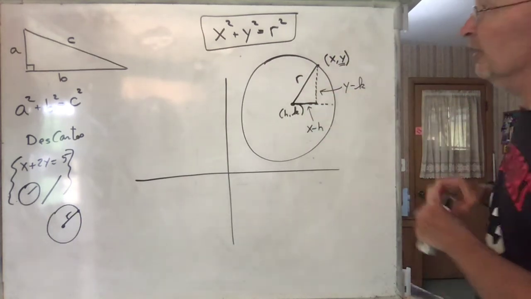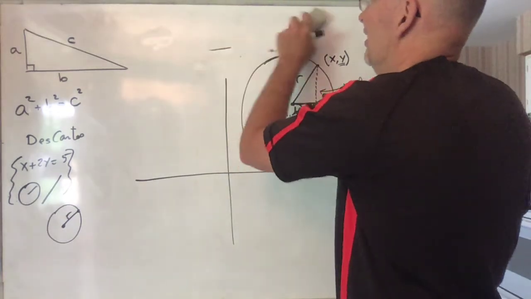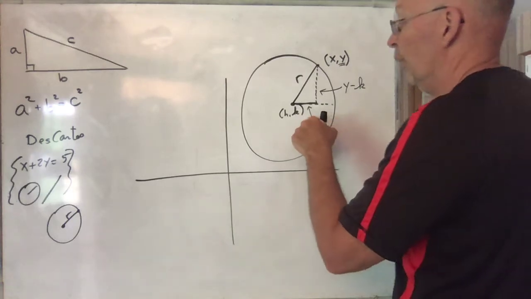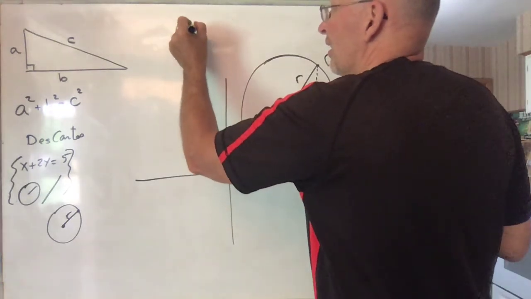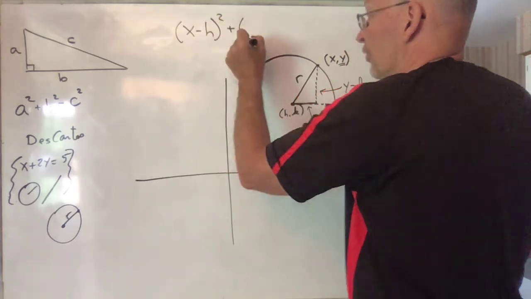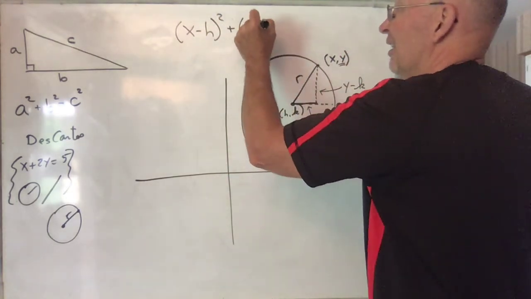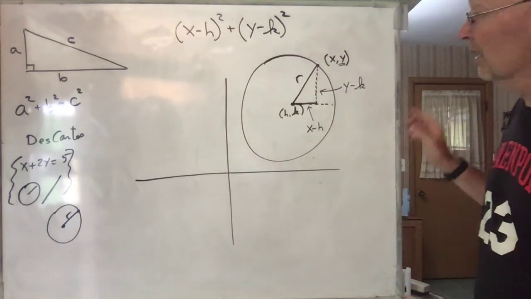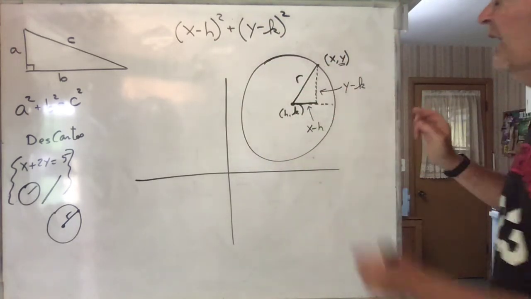And what does Pythagoras's theorem tell us again? It tells us if I square this one, and then I square this one, and add them together, I'm going to get the square of the radius.